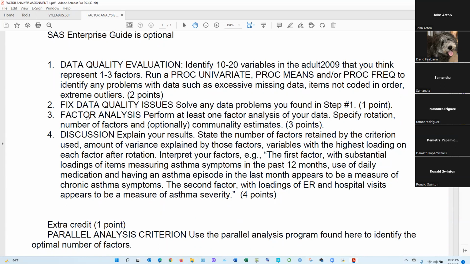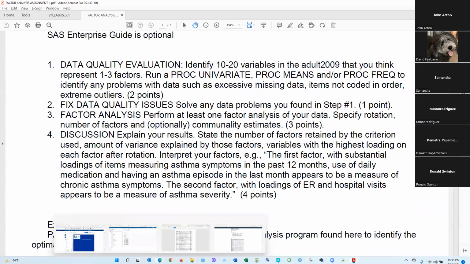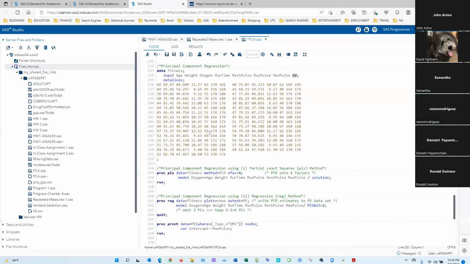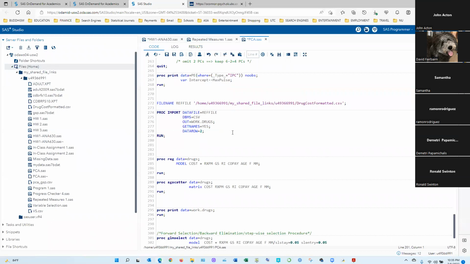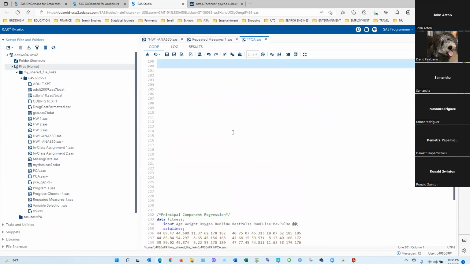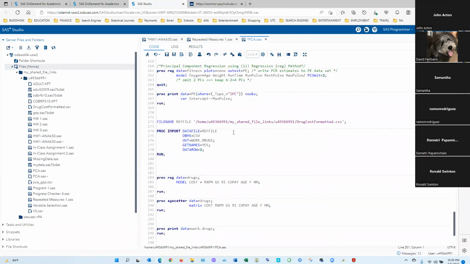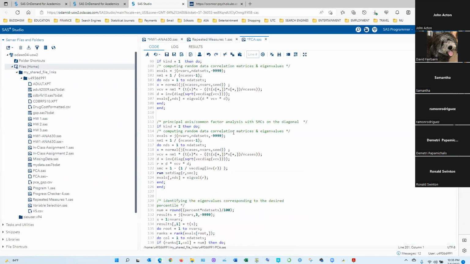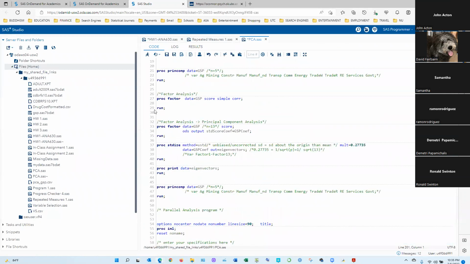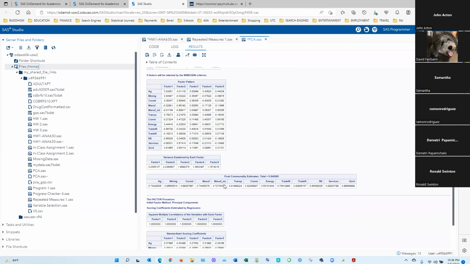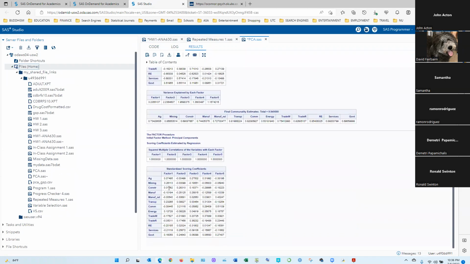And later on, you do the factor analysis too. Let me quickly run this one and show it. Related to this, factor analysis is the same as what I mentioned earlier. See, you get the factors this way.